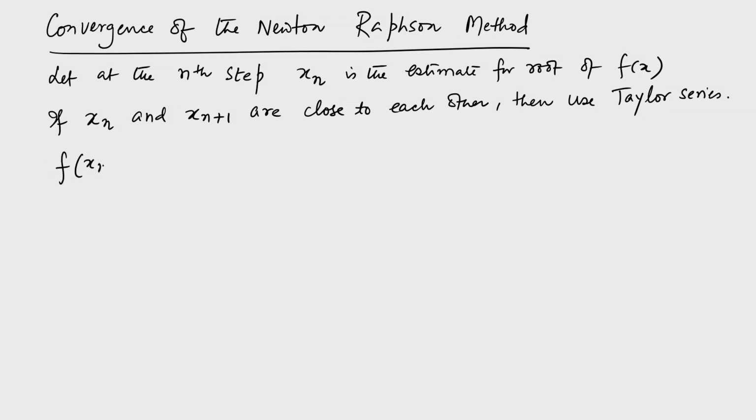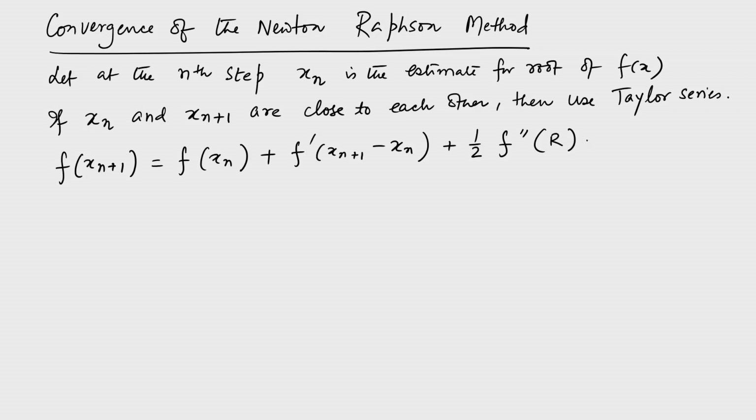So, f of x n plus 1 is expanded about f of x n. I will tell you what R is. And then there are other terms, but since x n is sufficiently close to x n plus 1, I am stopping it at the quadratic level of this series.